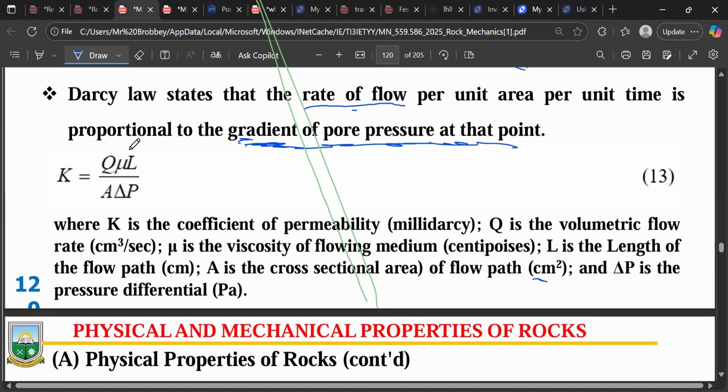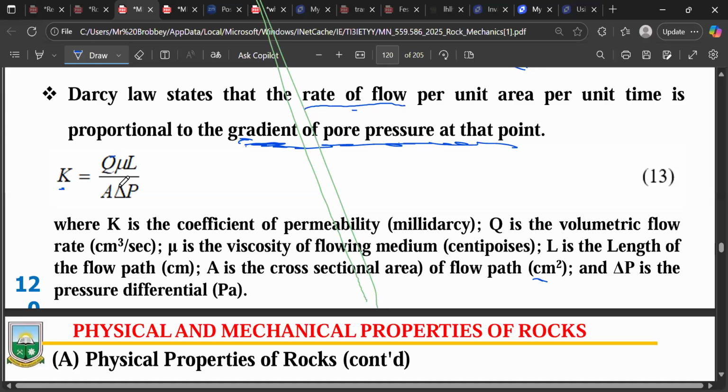So you want to keep this formula somewhere, that coefficient of permeability. If we are saying that a rock has a higher coefficient of permeability, that means that this is the flow rate.